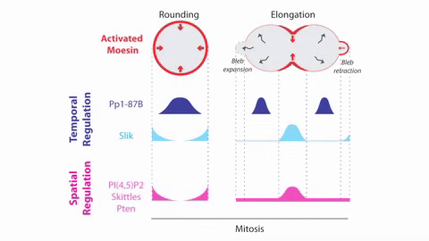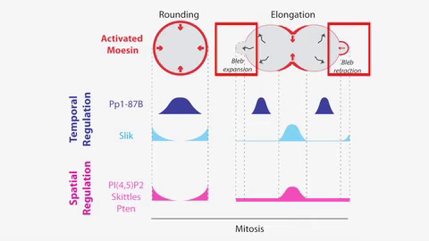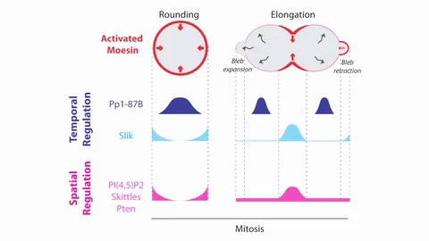We think that this is mainly controlled by the SLIC kinase and PP1-87B phosphatase switch, and the other important fact is that Moesin has to be enriched at the equator and less associated with the polar cortex in anaphase in order for the cell to elongate. We think that PIP2 plays a major role here because PIP2 accumulates at the cleavage furrow due to the action of Skittles and PTEN, and by accumulating at the cleavage furrow, creates a polarity of localization of Moesin.